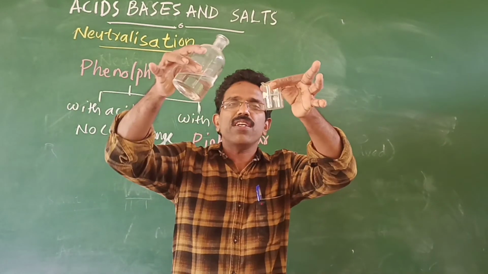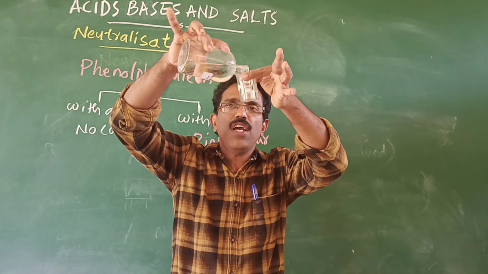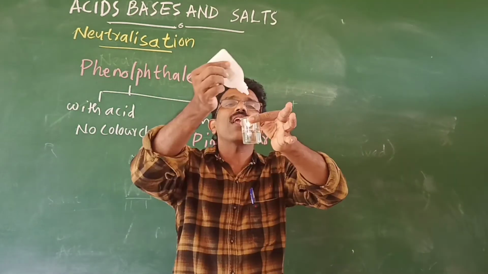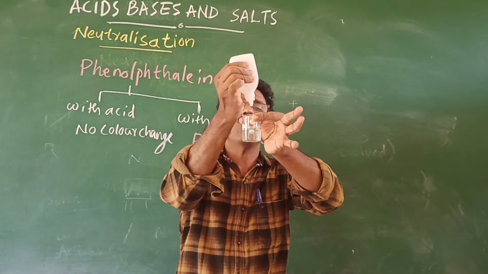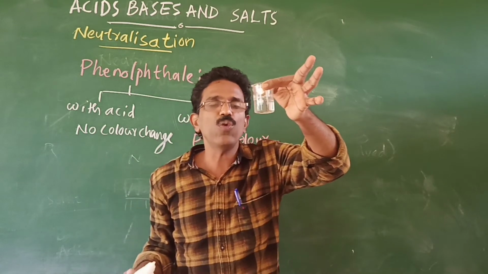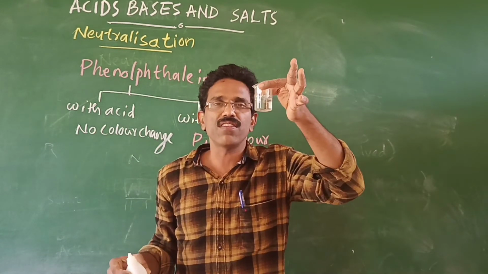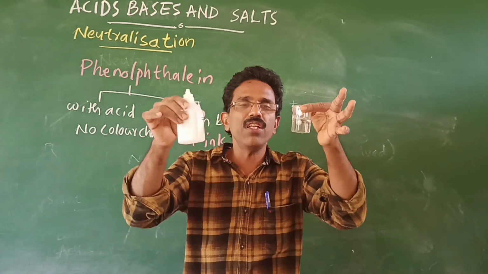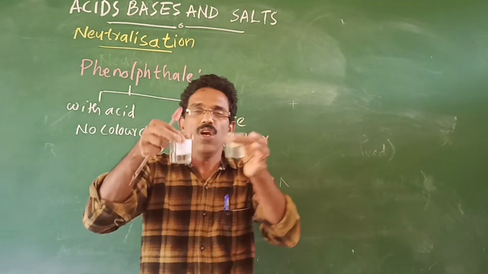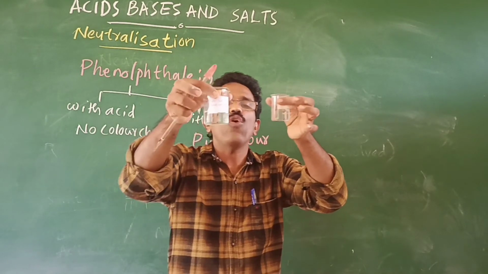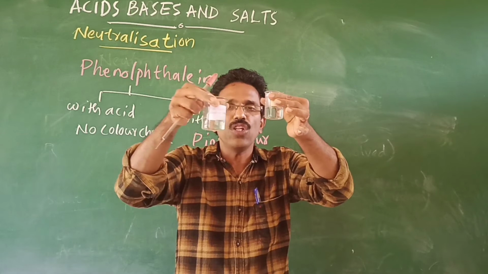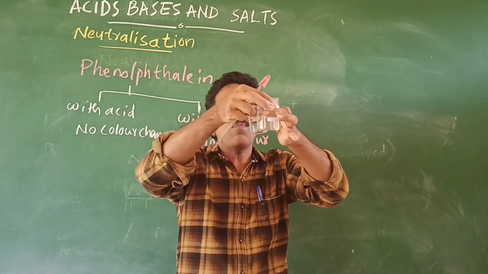Let us take a small amount of dilute hydrochloric acid in a beaker, and I am adding 1 or 2 drops of phenolphthalein indicator into it. See, the solution is colorless. The phenolphthalein is not making any color change in the acid. Now let us add dilute sodium hydroxide into this acid drop by drop.